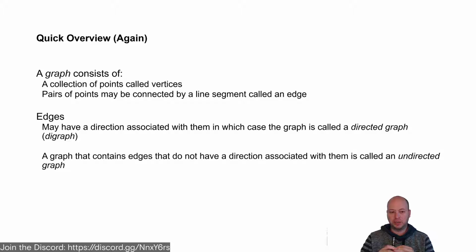Edges may have a direction associated with them, which is a directed graph. More often than not, graphs do have edge direction, but an undirected graph implies that every edge has its opposite, its conjugate. So if A is connected to B, then B is connected to A. But that's not always defined.